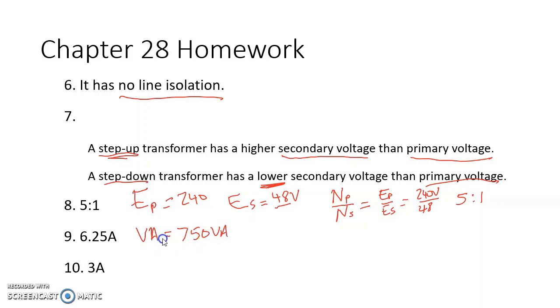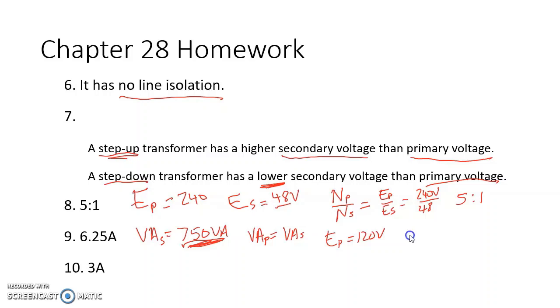That's output, so that's at the secondary. So volt amps at the primary equals volt amps at the secondary, and we're given that value of 750 volt amps. We're also given a primary voltage of 120 volts.